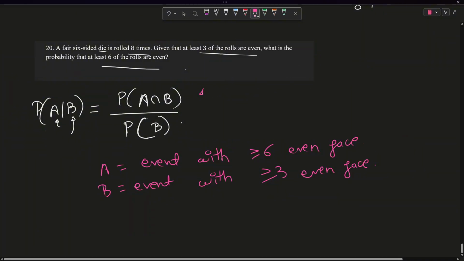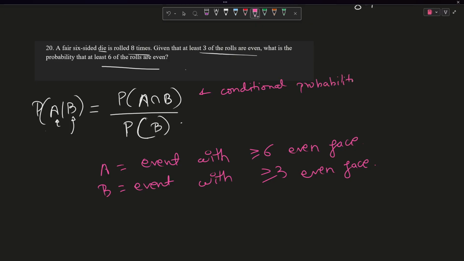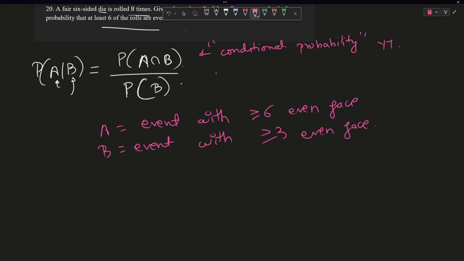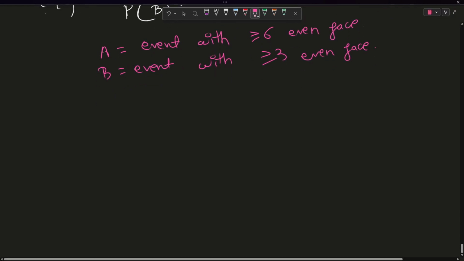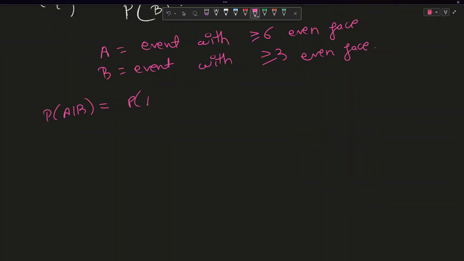To see how this formula comes, you can just search conditional probability on YouTube. This is a pretty easy formula to see, so it'll take like 2-3 minutes to understand. Okay, so let's define A and B to be this. Then P(A given B) is equal to P(A intersection B) by P(B).